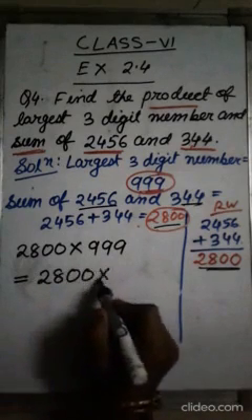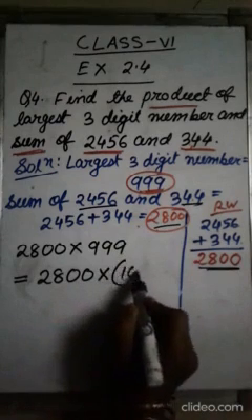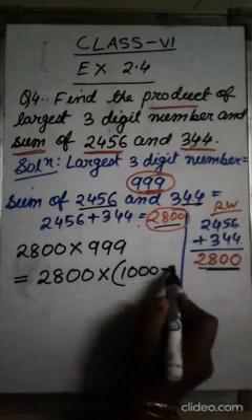2800 into, in place of 999 I can write 1000 minus 1.